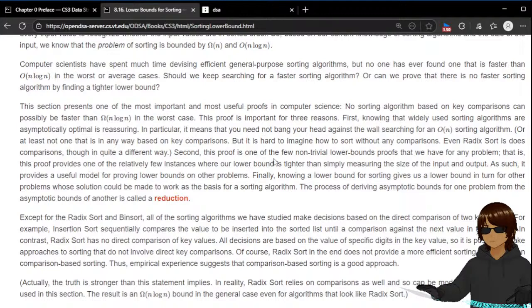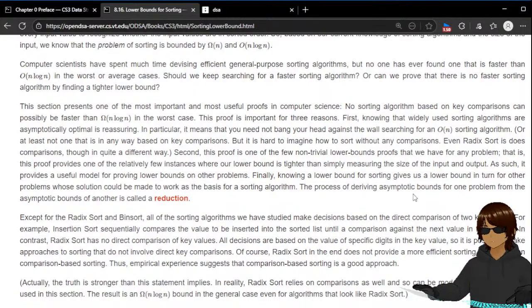Second, this proof is one of the few non-trivial lower bound proofs that we have for any problem. That is, this proof provides one of the relatively few instances where our lower bound is tighter than simply measuring the size of the input and output. As such, it provides a useful model for proving lower bounds on other problems. Finally, knowing a lower bound for sorting gives us a lower bound in turn for other problems whose solution could be made to work as the basis for a sorting algorithm.